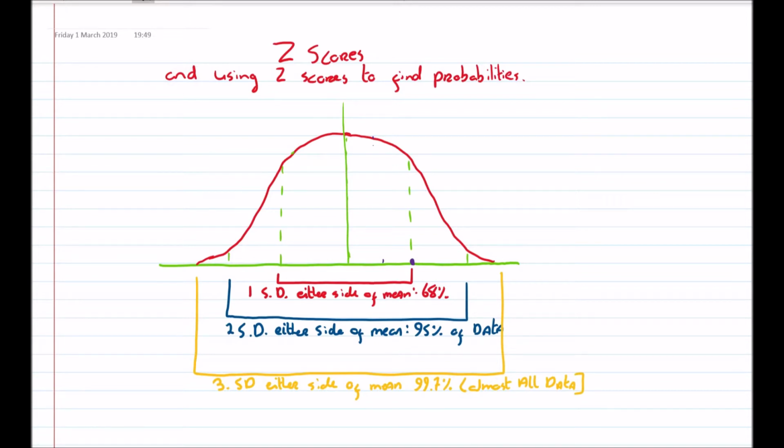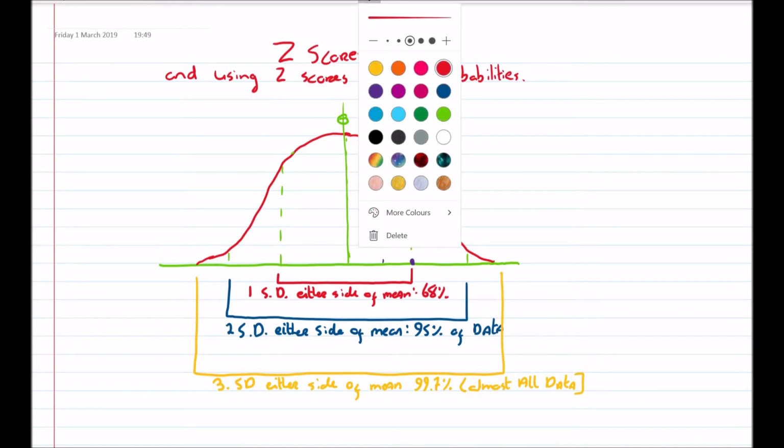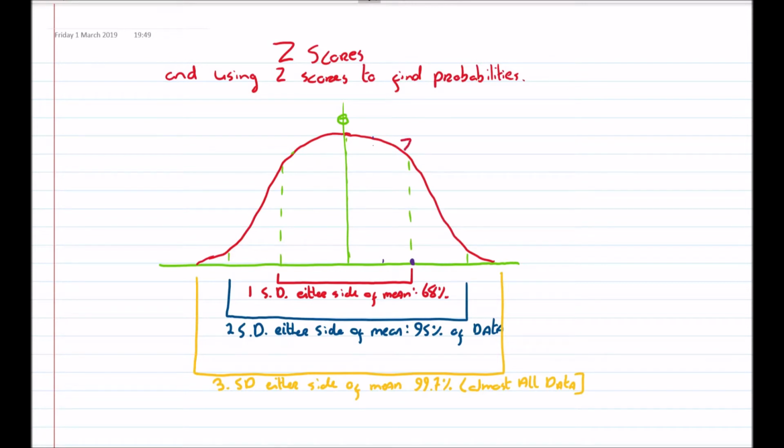Just very quickly, that's 0, okay, it's the mean. So one standard deviation this way is a z-score of 1, up here will be a z-score of 2, and up here will be a z-score of 3.